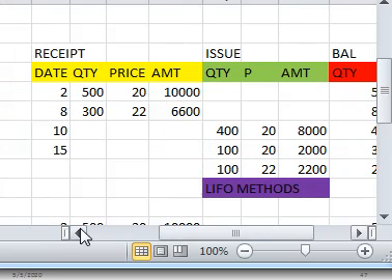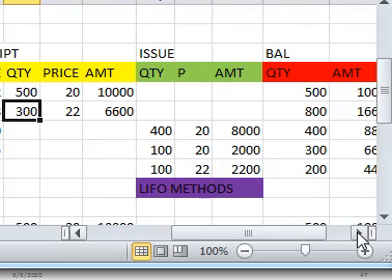Now, on day 15, we made an issue of 200, but the 200, those which came first, we still only have 100 units. So meaning that we are getting 100 at 20. Those another 100 will be issued from this batch at 22.